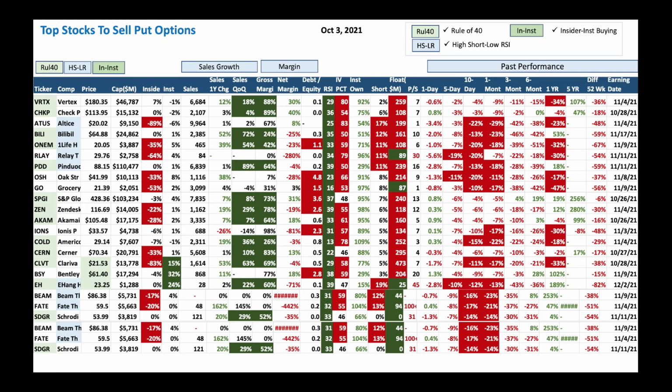When the IV percentile is high, you get high premium, so you get to collect more money. But when the RSI is low, that tells you the stock is oversold at these levels and can go higher. That's why we typically select high IV percentile and low RSI when we want to sell put options.